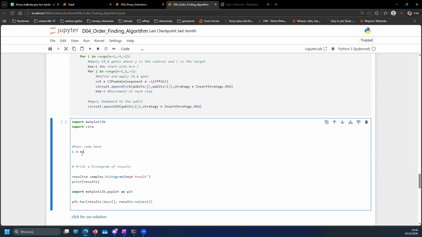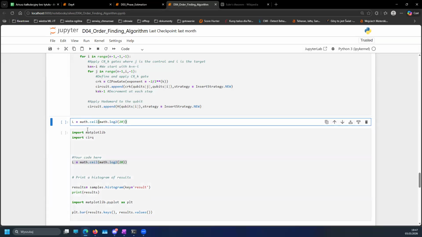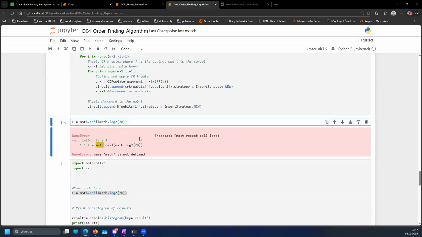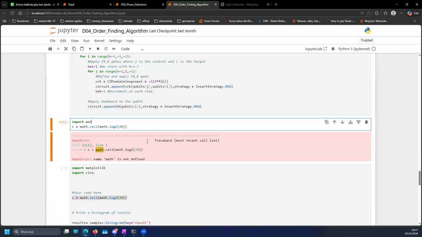I will declare it, and since the math will fail otherwise, we will round it up. So first of all, what we need to do is find how many qubits we need to encode this big N, yes? As I wrote a few times, we need a base-2 logarithm. I will maybe print it. Probably I need to import math, yes. Import math.